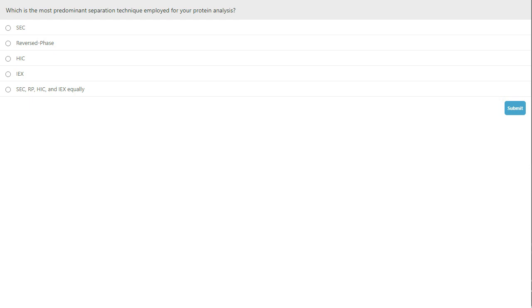Size exclusion chromatography, reverse phase chromatography, HIC, ion exchange, or all of those techniques equally. Give you all another moment or two to keep answering that question.